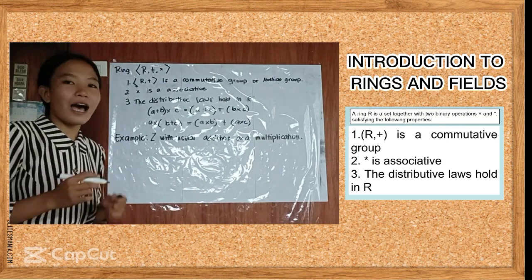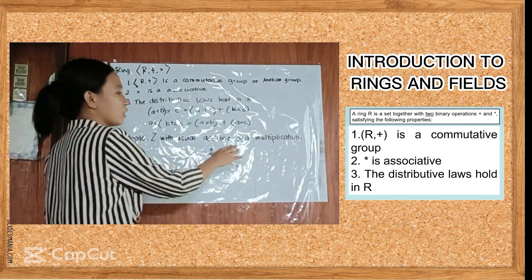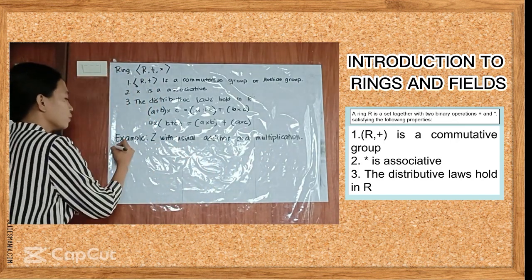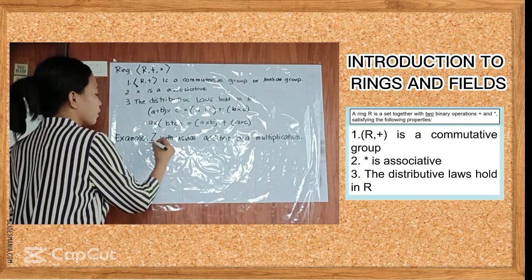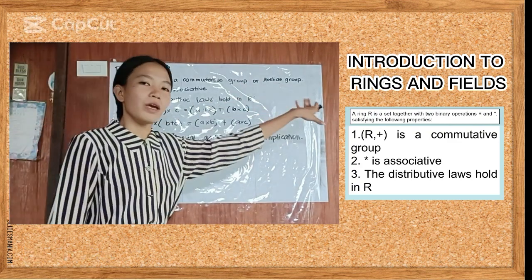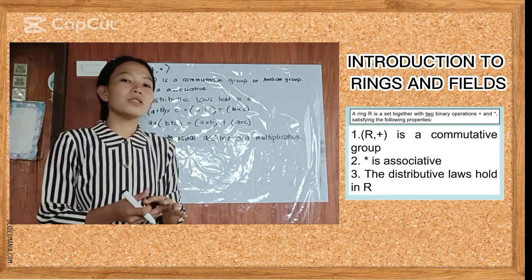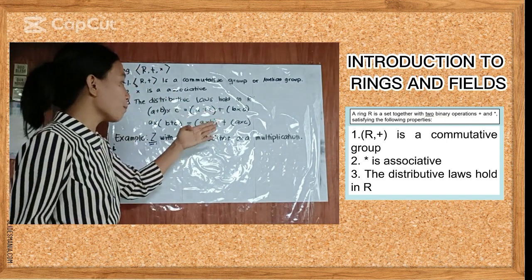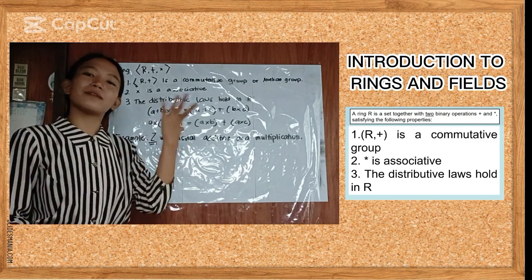So let's have an example. Example 1 is Z with usual addition and multiplication. First, we need to see if Z is an abelian group. If you can still remember our example in our previous lesson in groups and abelian group, we have an example about integers. Thus, integer is a what?